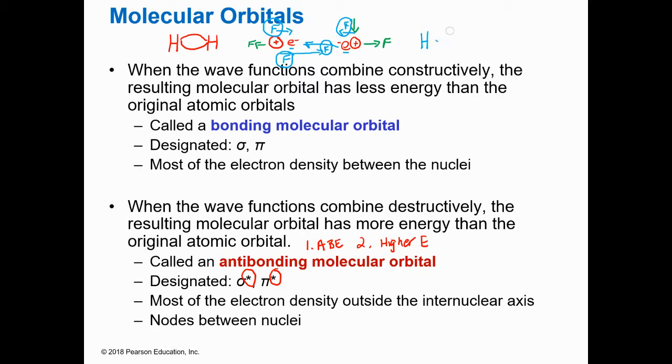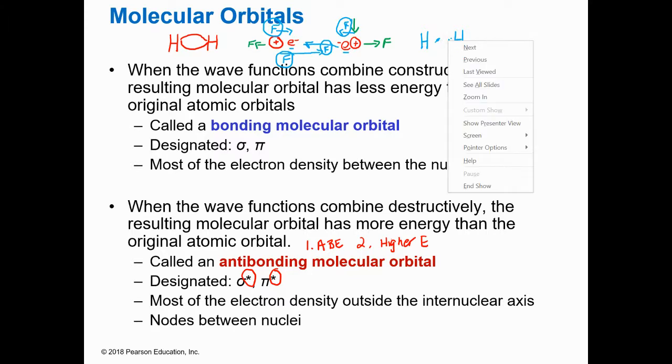So the electrons are going to be found between the nuclei of the two bonded hydrogens in your bonding molecular orbital, the lower energy. In your anti-bonding, it's going to be the opposite, where the forces of repulsion are greater than the forces of attraction. Okay, so here, this is where we'll find the electrons for this one.